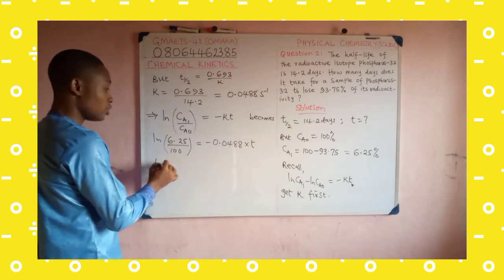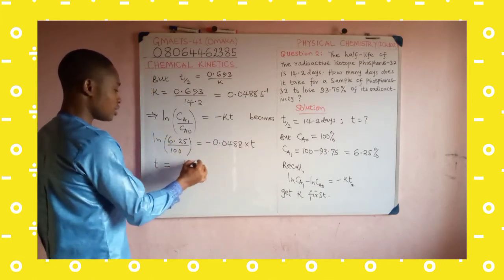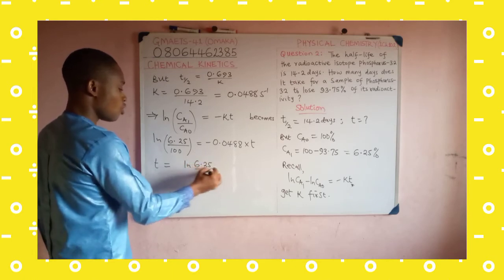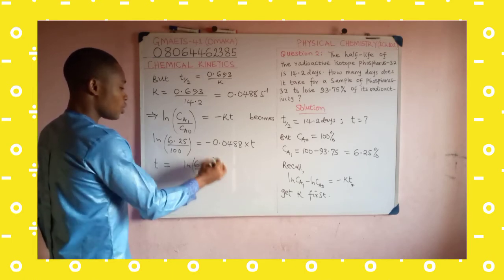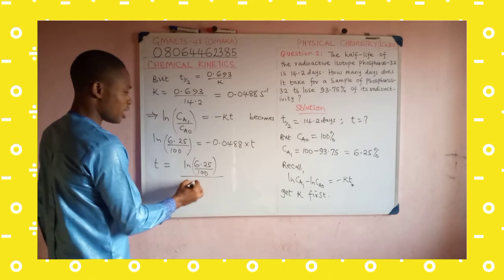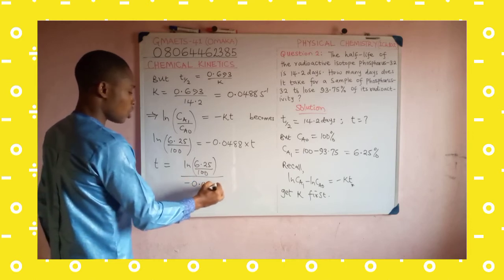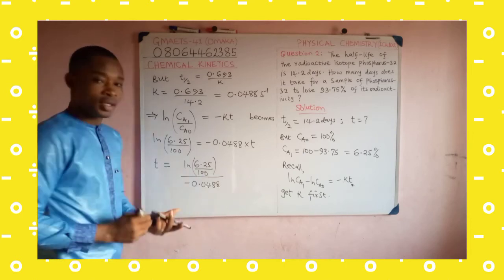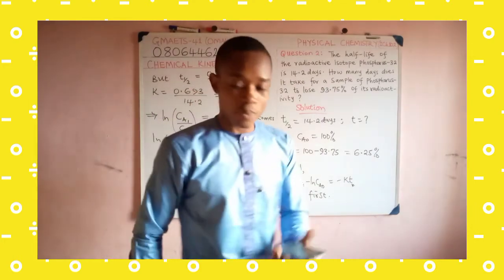So all we need to do, the time will now be ln of 6.25 over 100, divided by minus 0.0488. And then the time we are looking for will just appear.